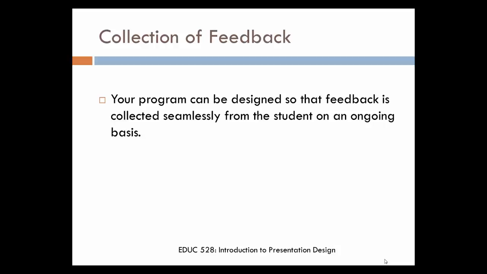So find an activity to obtain evaluation feedback on an ongoing basis, even if it's a forum you have set up. You can also do a Google form or a survey from SurveyMonkey. You just don't want to burden your participants too much because they may get tired of doing it.